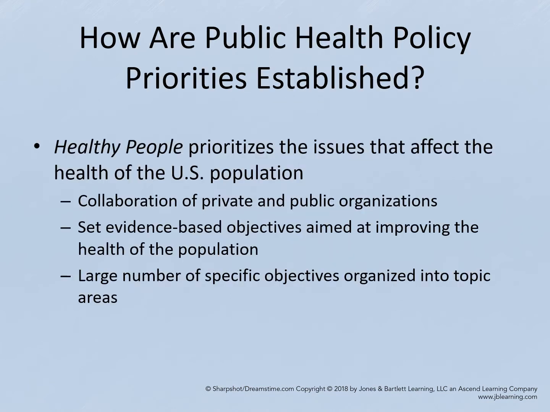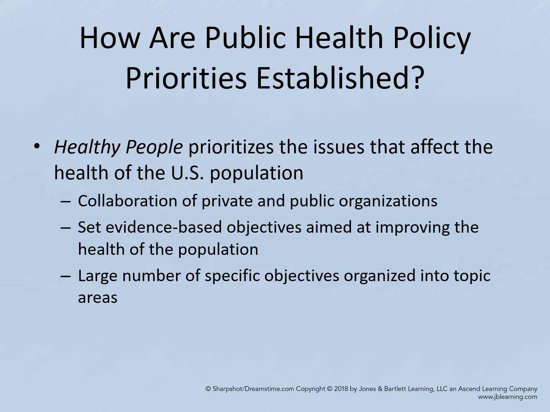Now let's look at how public health policy priorities were established. In the United States, there's an initiative known as Healthy People. Healthy People prioritizes the issues that affect the health of the US population. It is a collaborative effort of a multitude of private and public organizations, and they set evidence-based national objectives aimed at improving the health of the population.